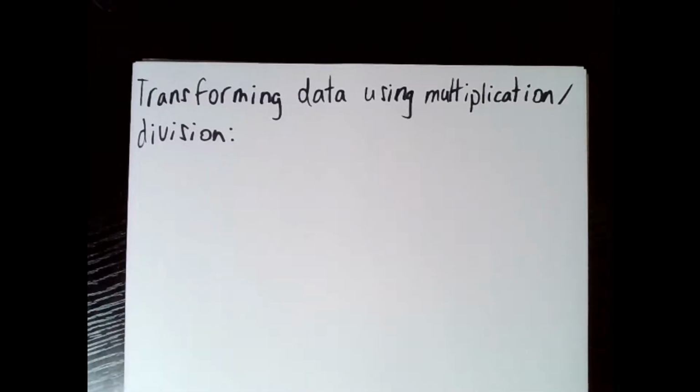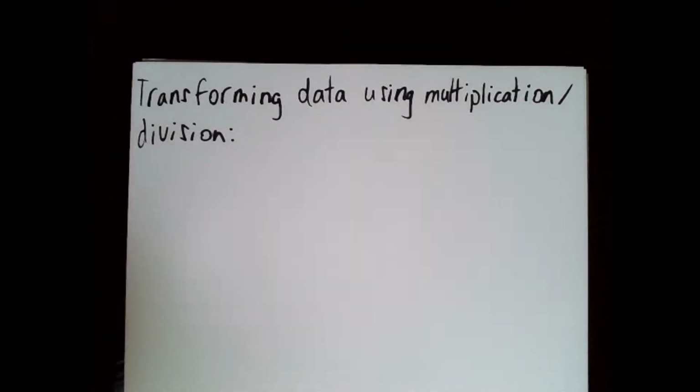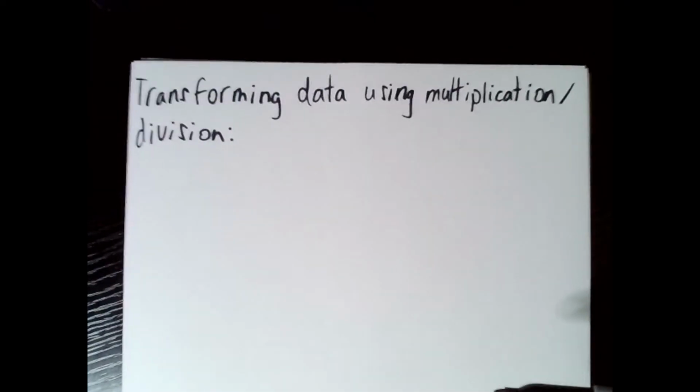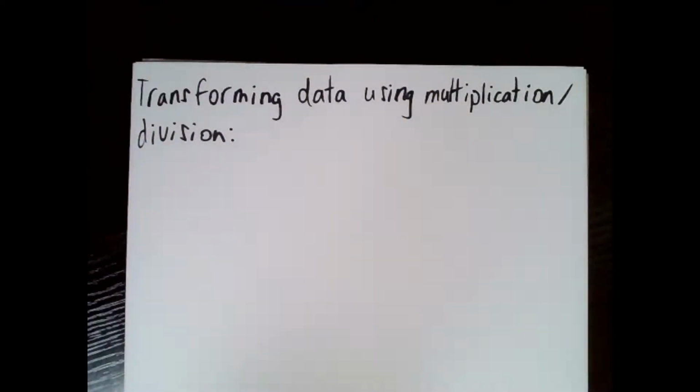So if you have a skewed distribution, it doesn't matter how many transformations you apply by addition, subtraction, multiplication, division. However you transform it, you're not going to make a skewed distribution symmetric by transforming it in this manner, right? And you're not going to make a symmetric distribution all of a sudden skewed by applying any of these transformations, right? The shape is uniform regardless of what transformations you apply here.